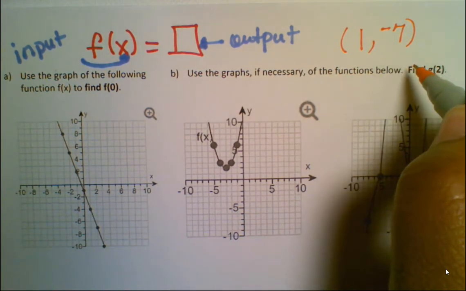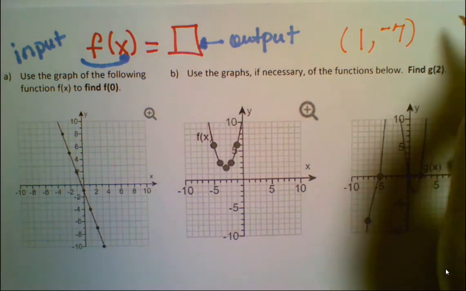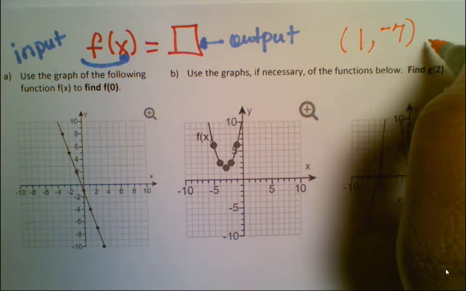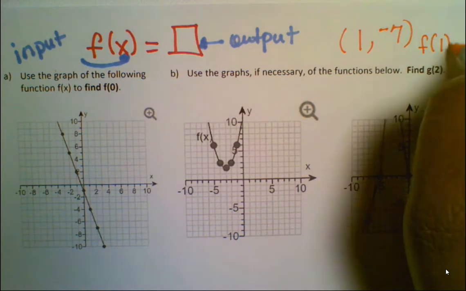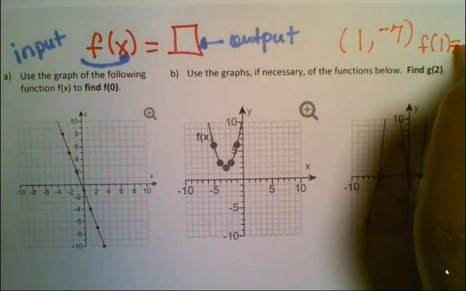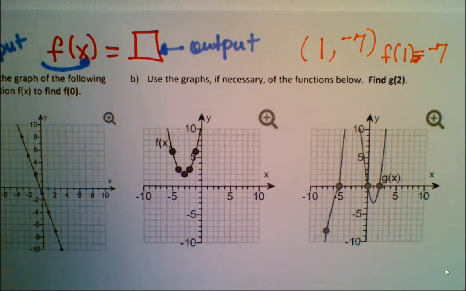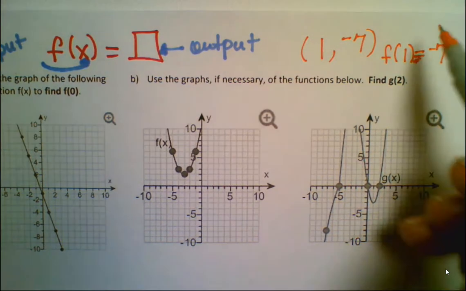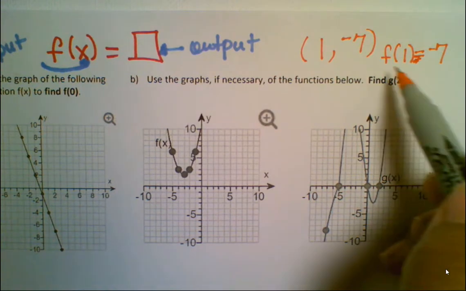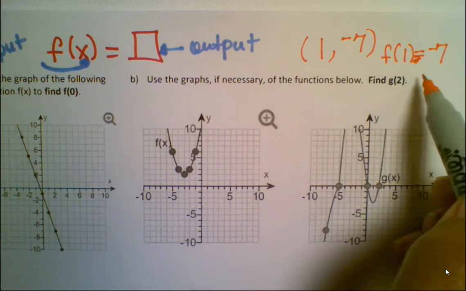That would be the output. Now we could write this as f of 1 equals -7. That's the same answer as this ordered pair, but it's written in function notation.